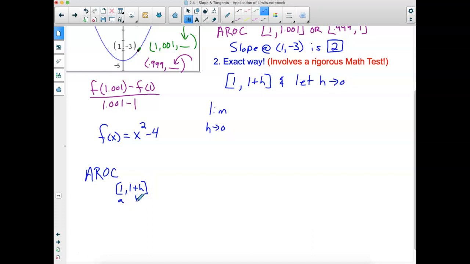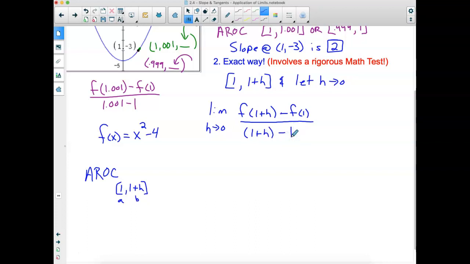So in order to plug that into my AROC, I am finding f of 1 plus h minus f of 1 all over 1 plus h minus 1.